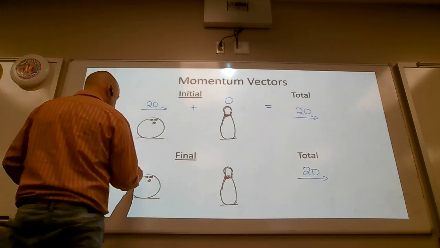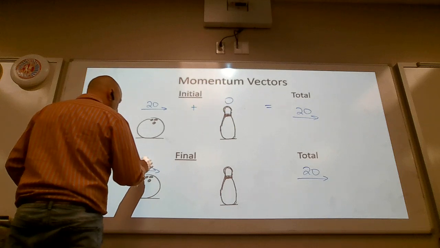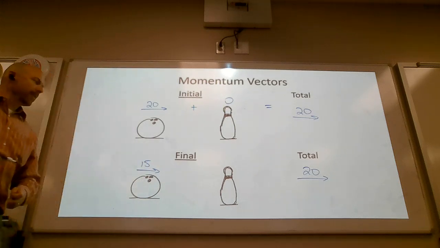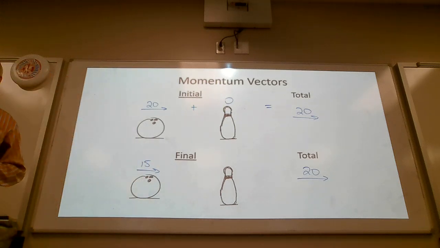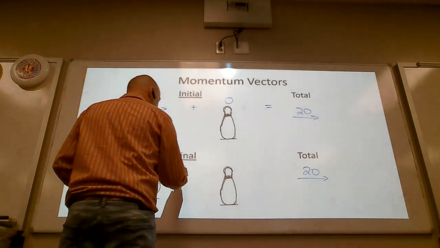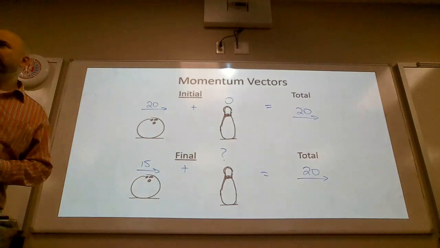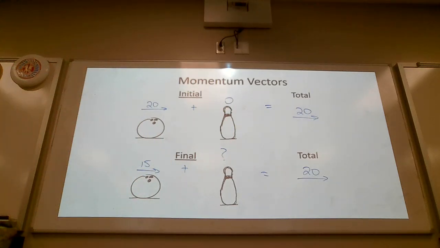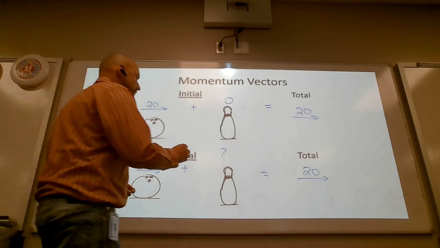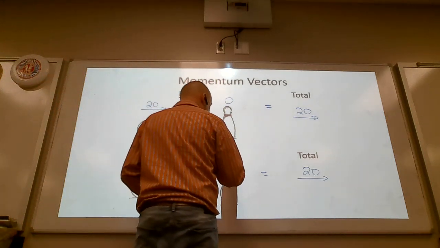Well, from the scenario, we said that the ball had 15 kilogram meters per second to the right. So 15 to the right plus something gives us 20 to the right. What is that something? 5 to the right.